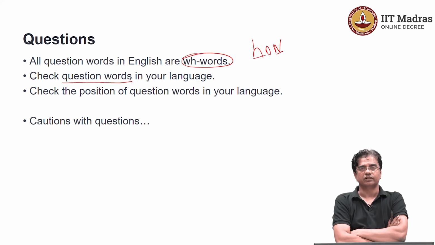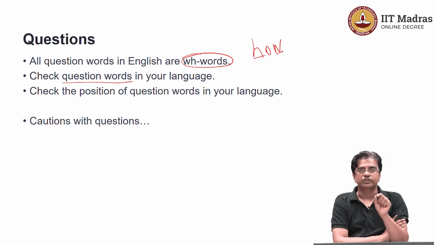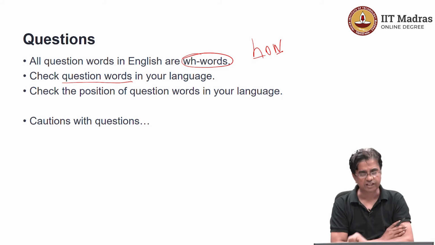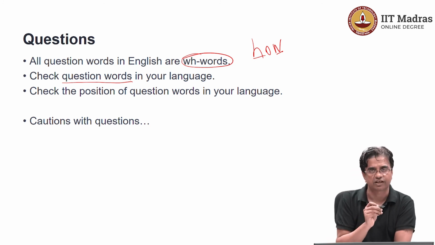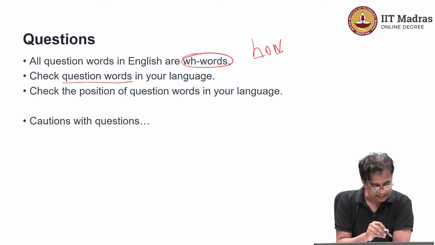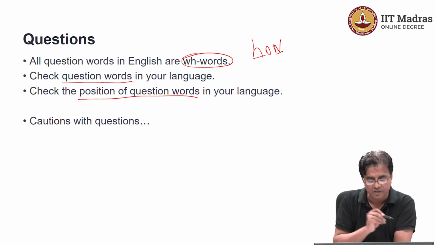If you speak Tamil, Telugu, Malayalam, Kannada, please check the question words. If you speak languages like Hindi, Punjabi, Bangla, Assamese, Odia, Marathi, please check question words in your language. And when you check the question words, also make a sentence and see the position of question words in your language.